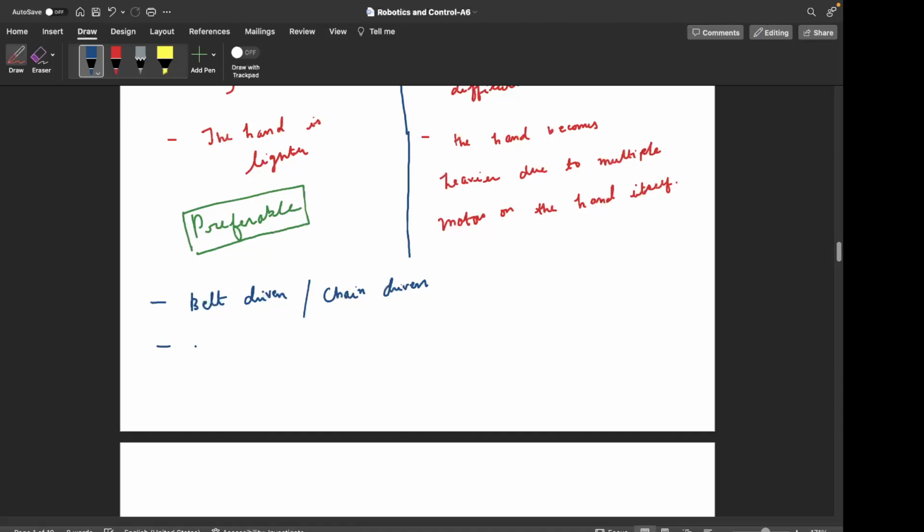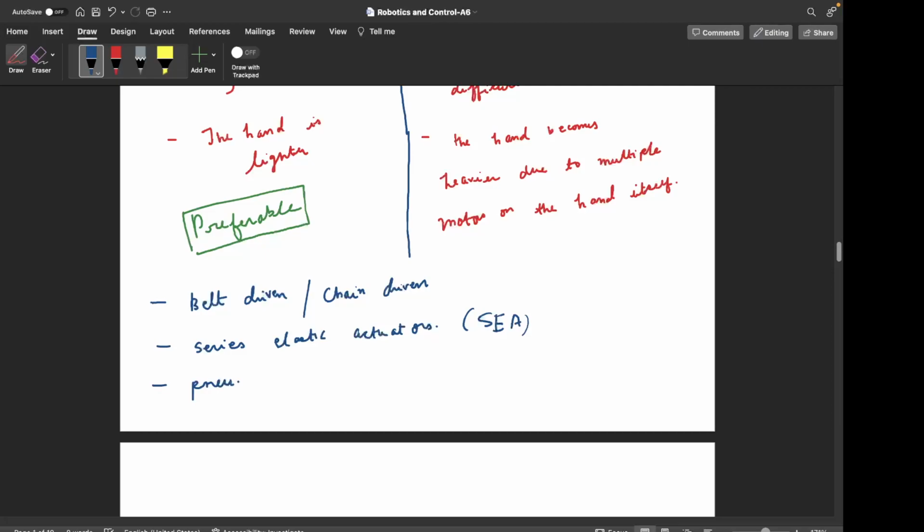And there are series elastic actuators, also known as SEA. And finally, there are pneumatic actuation devices.